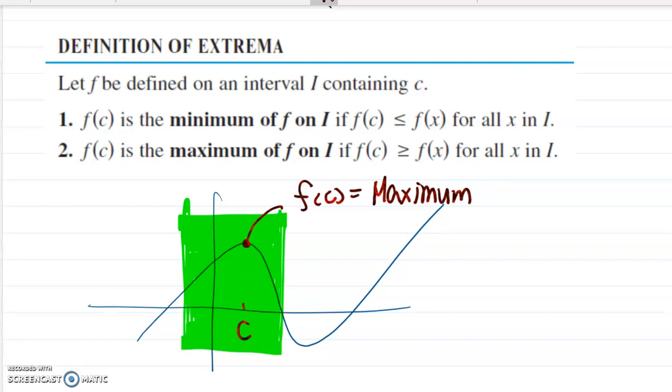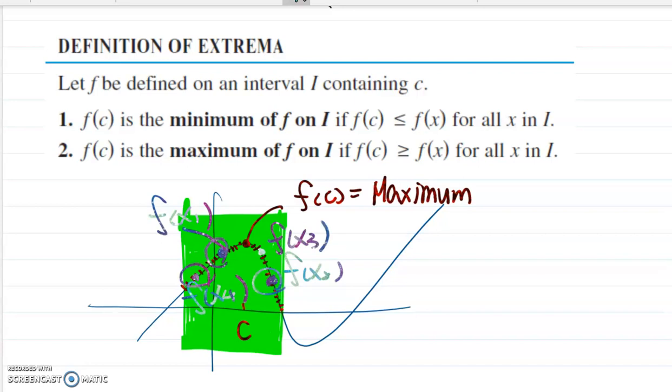From here, there are so many points on the interval I, and all these points represent f(x). So whatever you choose, for example this is f(x1), this one f(x2), and f(x3), f(x4), like that, all those values are smaller than f(c).